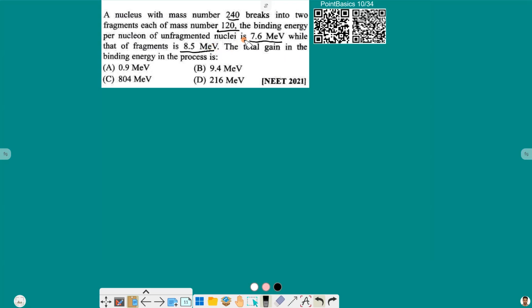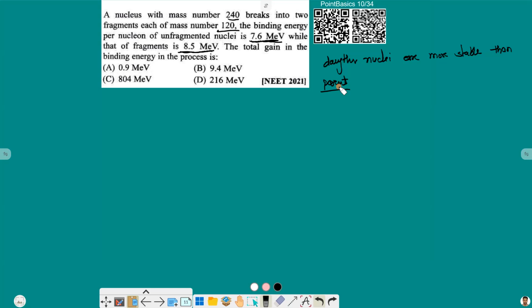Now, in the question, we can see that the binding energy of the unfragmented nucleus is 7.6, while that of the fragments is 8.5. This means the daughter nuclei are more stable than the parent.